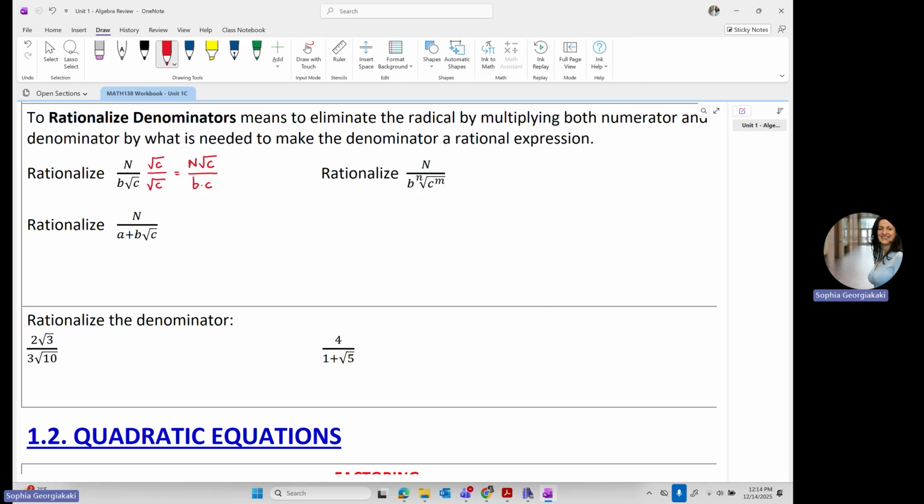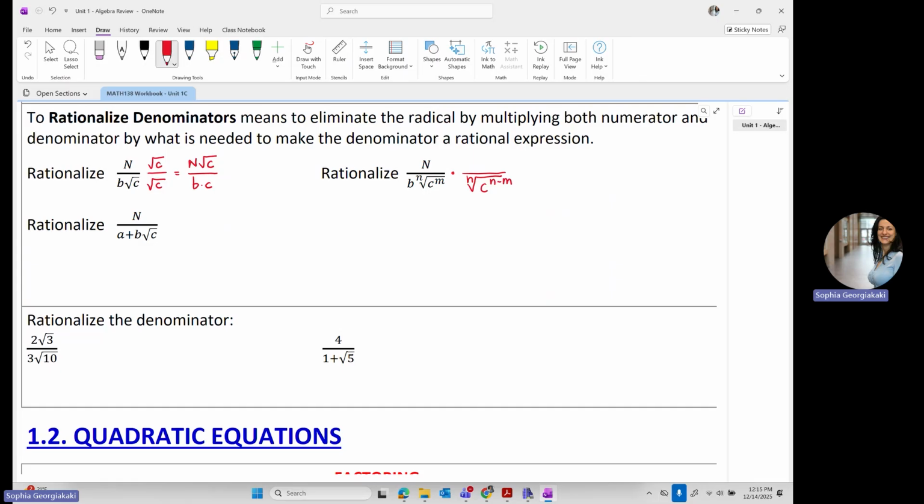If it is an nth root of c to the m and you can simplify it, then what you want to do is multiply by whatever exponent of c you need to get c to the n as an answer. So that will be the difference between n and m.